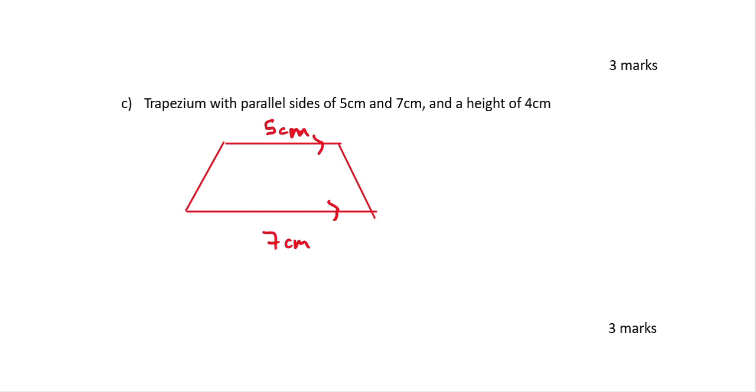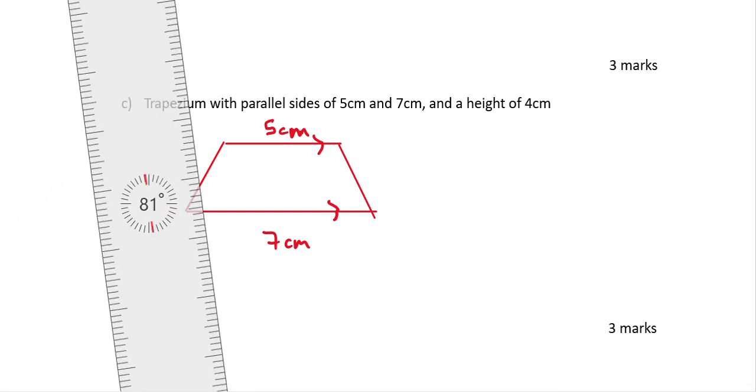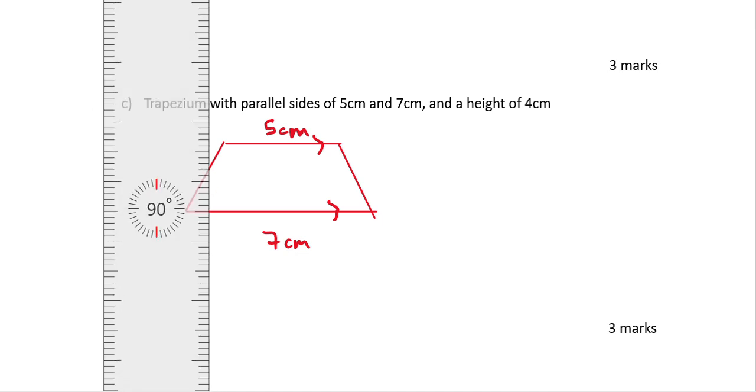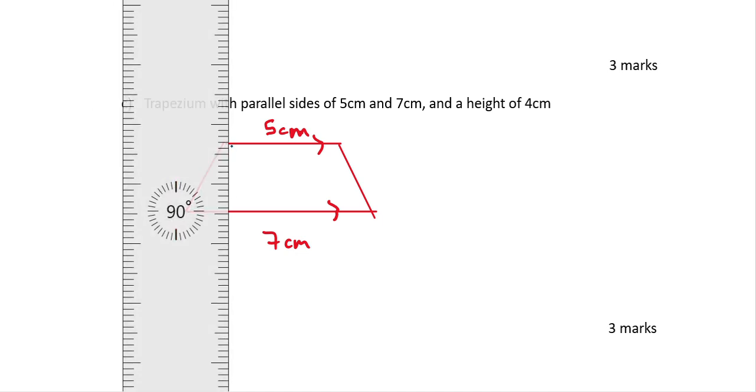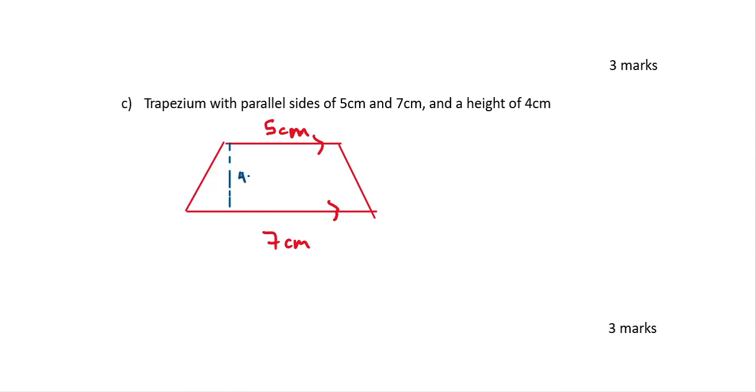And then it says here we have a height of 4 centimeters, something like that. 4 centimeters. Okay. Now, the formula for a trapezium is (a plus b) times height divided by 2. So I would say find the numerator first.